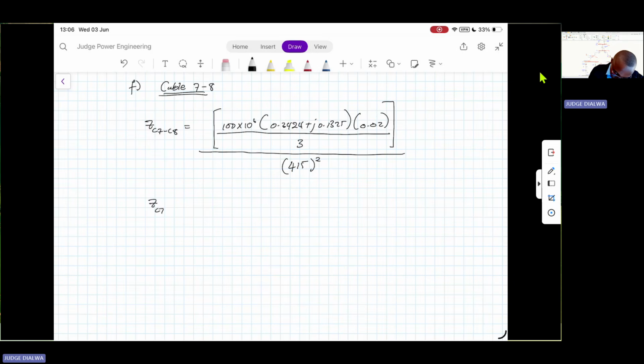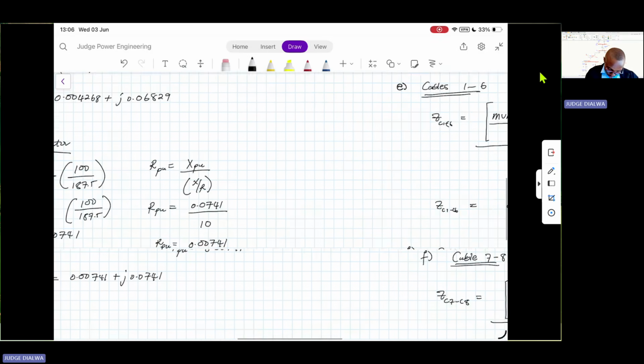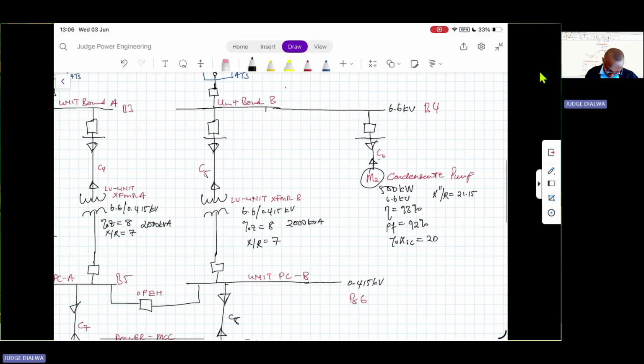So that will be, when you punch that in your calculator, you should get 1.325 plus j0.5129. Right. So we are done with our cables.